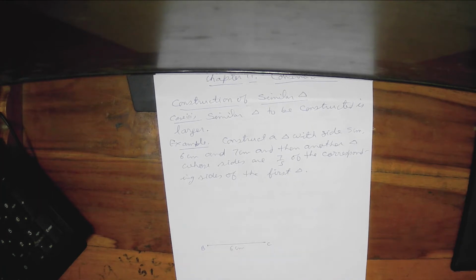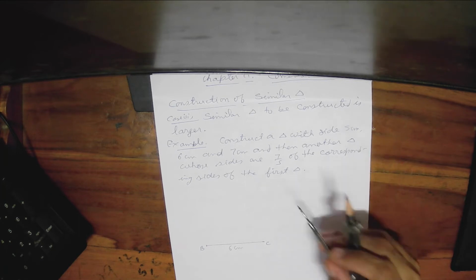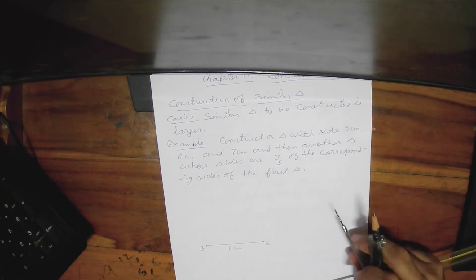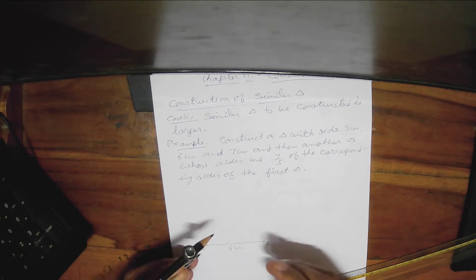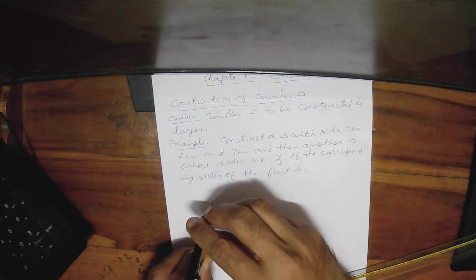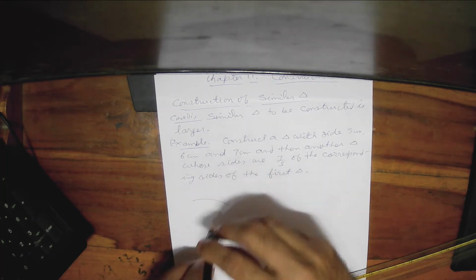Now next we'll draw an arc of 5 cm from B. This is our scale. With the compass we open to a length equal to 5, and from B draw an arc of 5 cm like this.